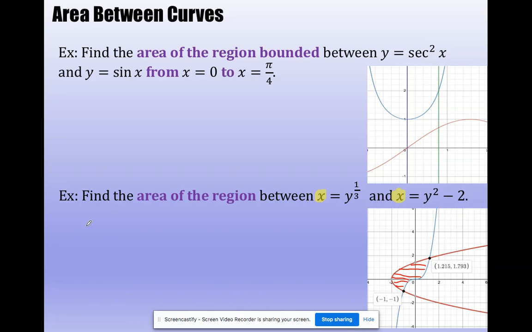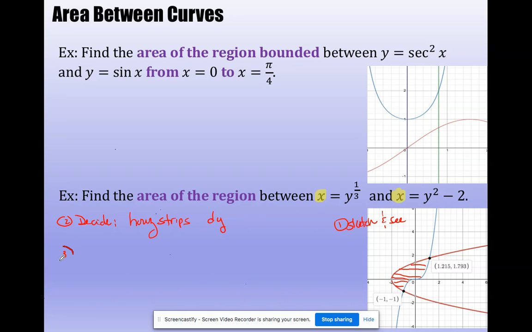So I sketched, I decided horizontal strips. Horizontal strips are perpendicular to the y-axis, so that means looking at y. I see you, y.